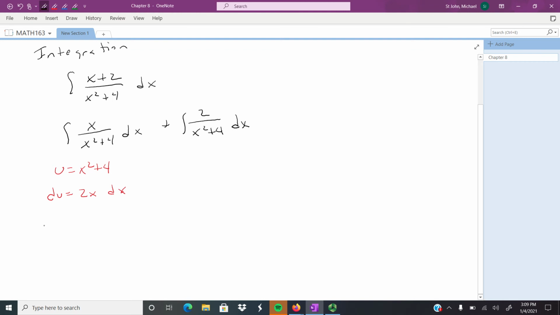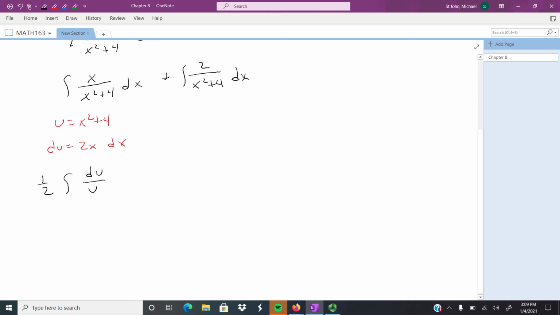And so I'm going to get 1/2 the integral of du over u, which would be 1/2 ln u, which would be 1/2 ln (x squared plus 4).